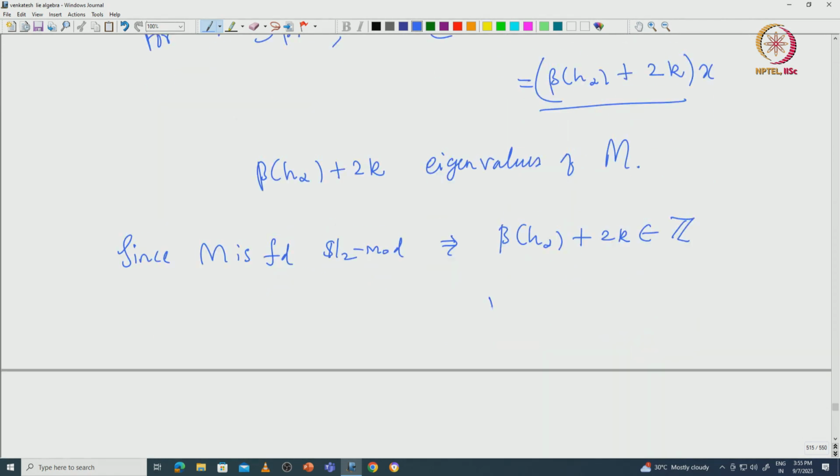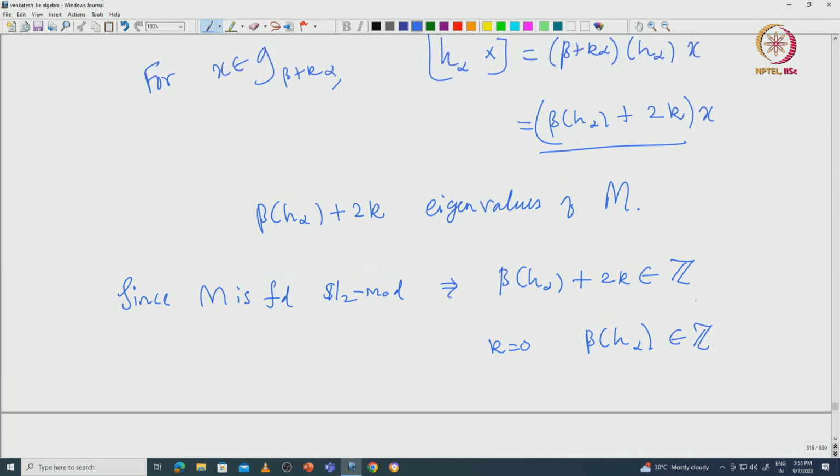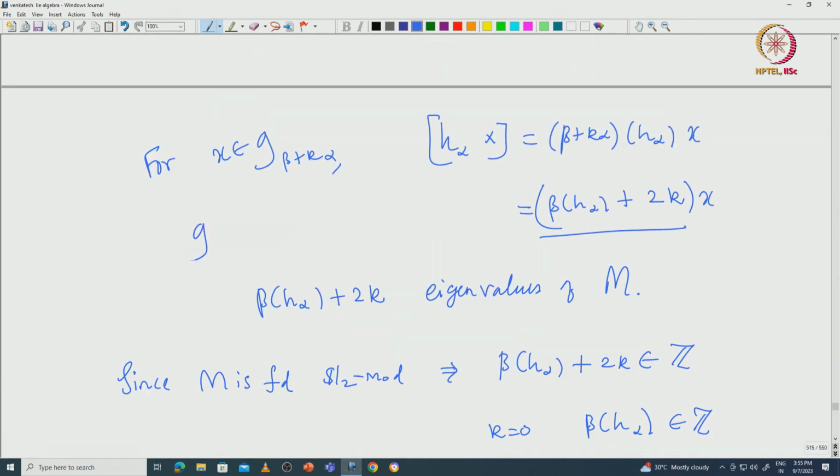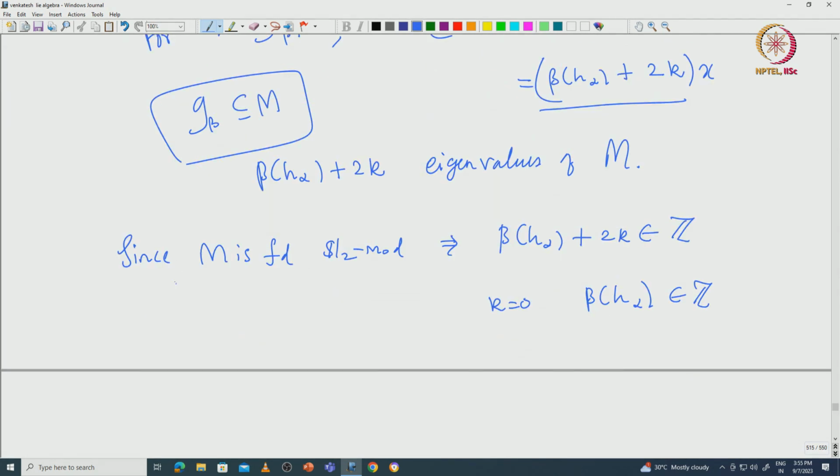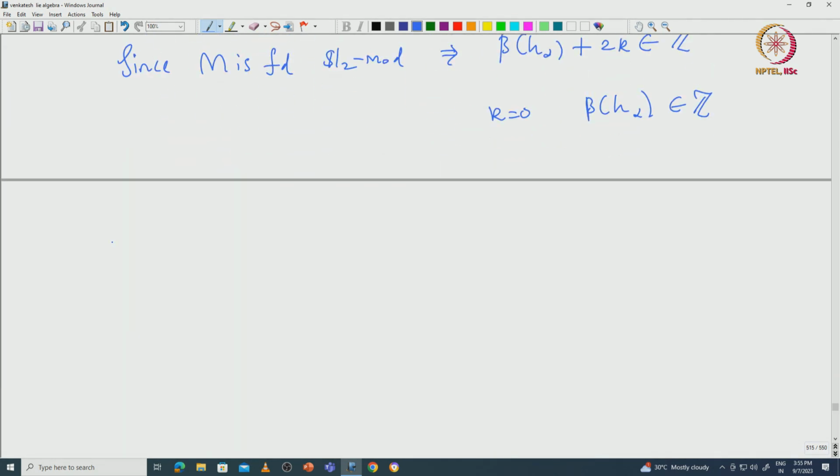In particular for k equal to 0, we get beta of H alpha must be an integer, because for k equal to 0, g beta sits inside M. This is something immediate.